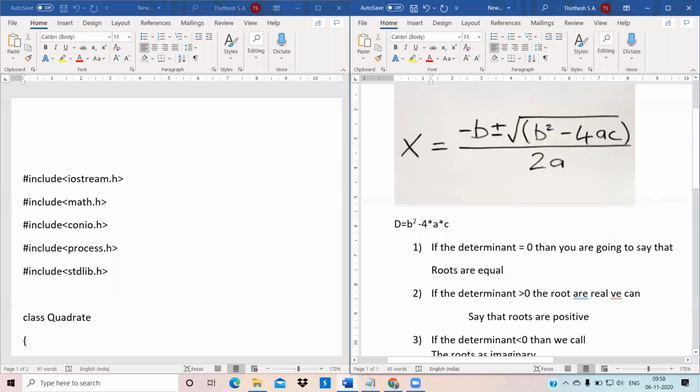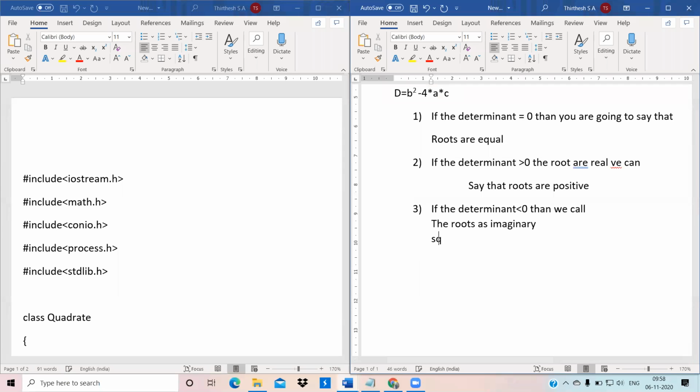You all know that when we square a number, we will get two types: one is the positive root, and the second one is the negative root. Positive root and negative root.